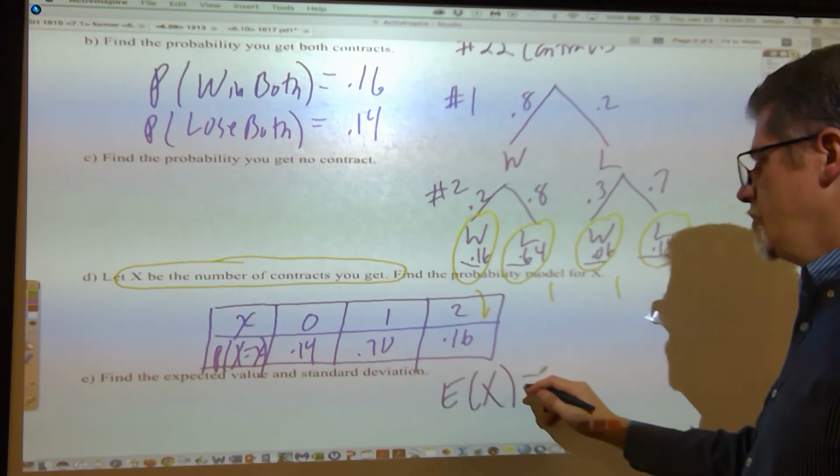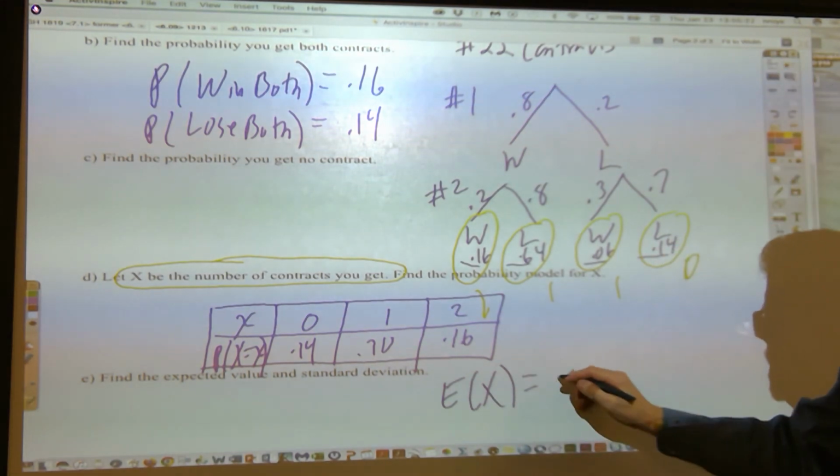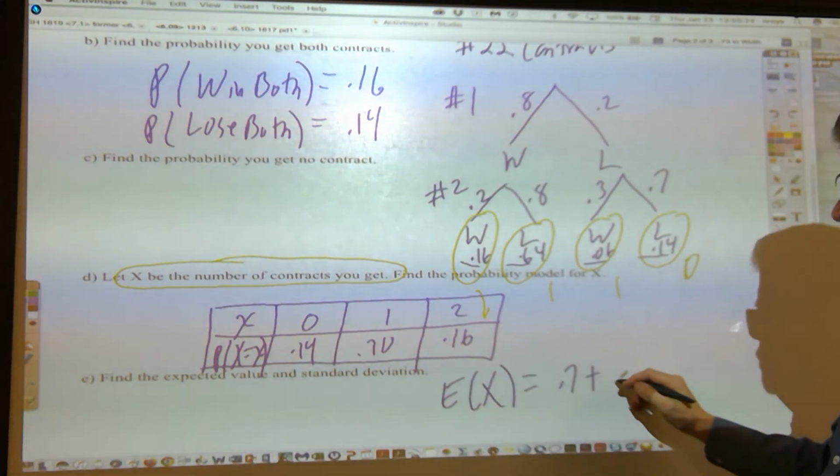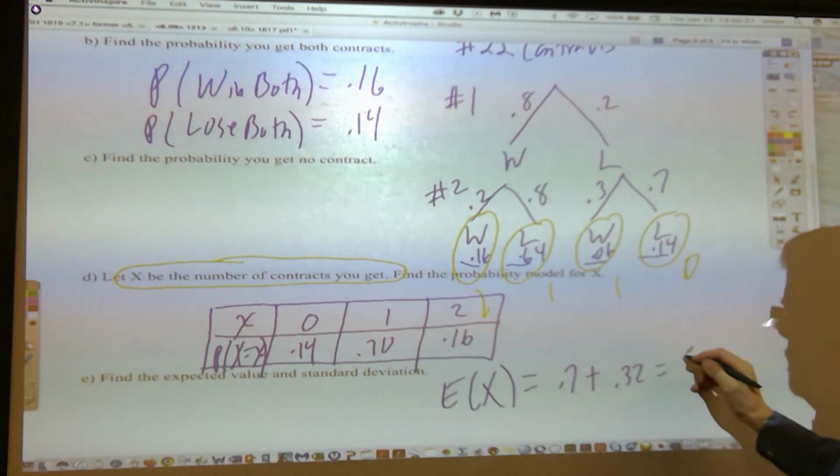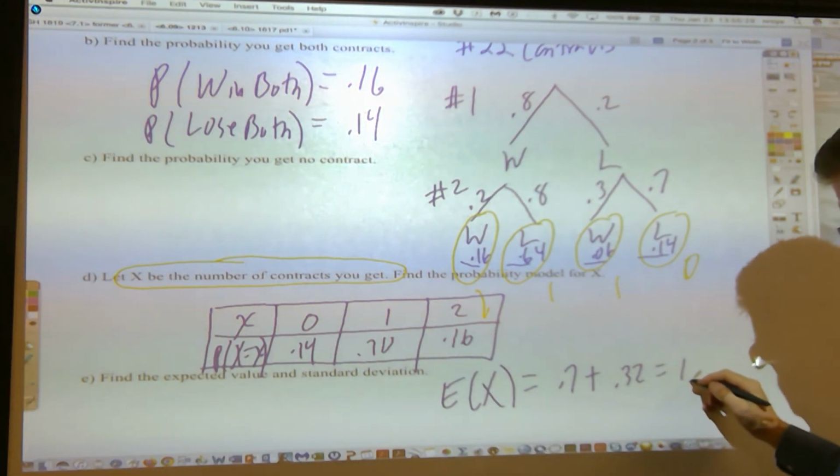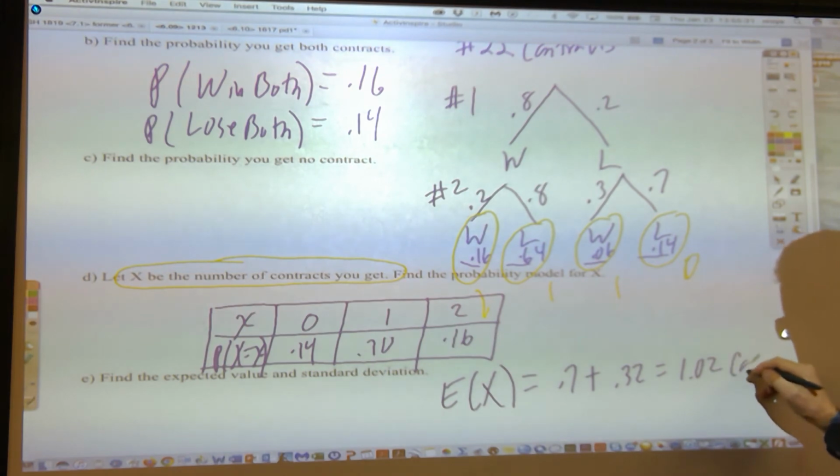So how many of you have already calculated the expected value by taking 0.7 plus 0.32 to get, is it 1.02? Yes. 1.02 contracts.